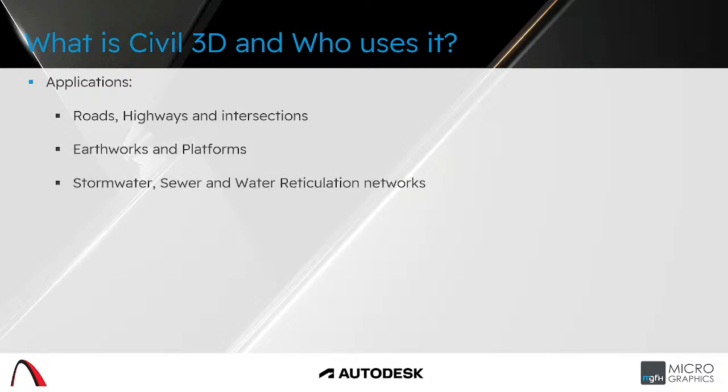And if you have stormwater as well as sewer and water reticulation networks, one can be able to use Civil 3D. And also grading and site development, that is where the application of Civil 3D is usable.